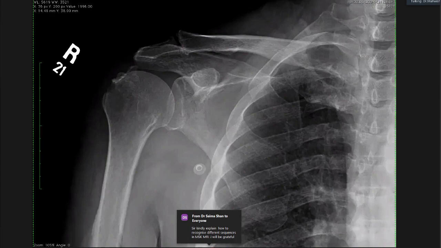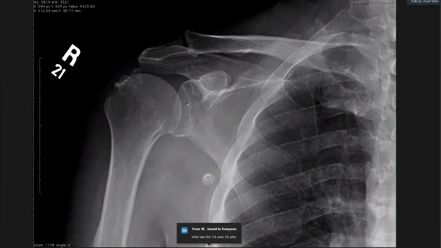Okay, it appears slightly reduced. The glenohumeral joint space appears slightly reduced. The rest of the space is okay, don't worry about that.